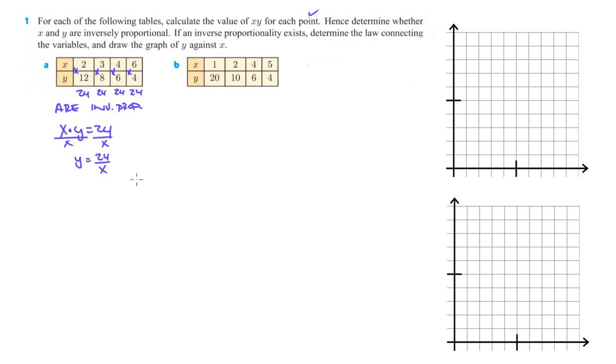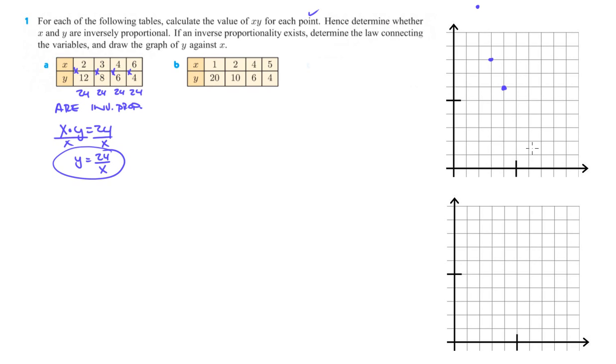So we divide both sides by x, and we get y equals 24 over x. Okay, so that is our law connecting the variables. And then draw the graph of y against x. So at 2, we are at 12. That's going to be a little off the graph there, that's all right. 2 is at 12. 3 is at 8. 4 is at 6.